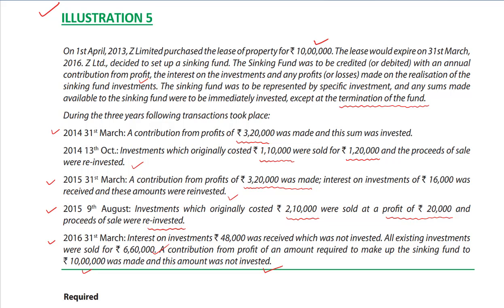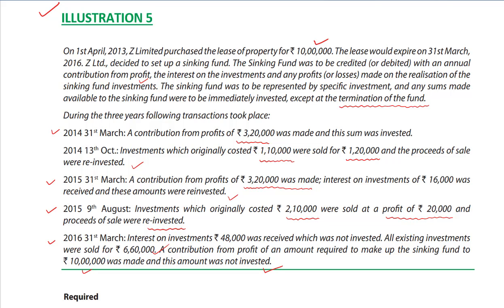On 31st March 2014, a contribution from profits of 3,20,000 was made and this sum was reinvested. On 13th October 2014, investments which originally cost 1,10,000 were sold for 1,20,000, and the proceeds of sale were reinvested.